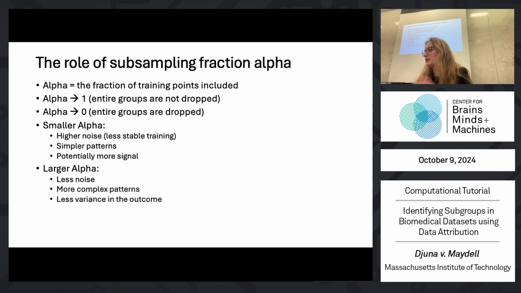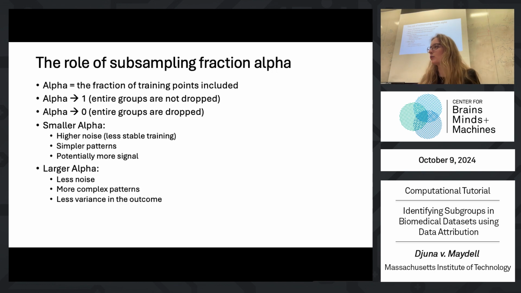As alpha goes to 1, as you start taking every single training point into every model, you won't have any variation to explain because you're training on the same data all the time. As alpha gets smaller and smaller, you start dropping out larger and larger groups of training data, and you start getting variation in how your models perform on a given held out test sample. And so there are trade-offs to these alphas.